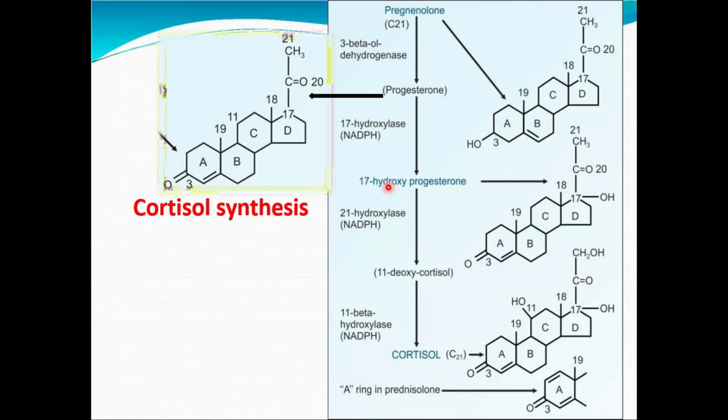After three hydroxylase NADPH dependent steps, that is first a hydroxylase step at carbon number 17, another hydroxylase step at carbon number 21, and a third hydroxylase step at 11 beta carbon, we get a cortisol molecule.